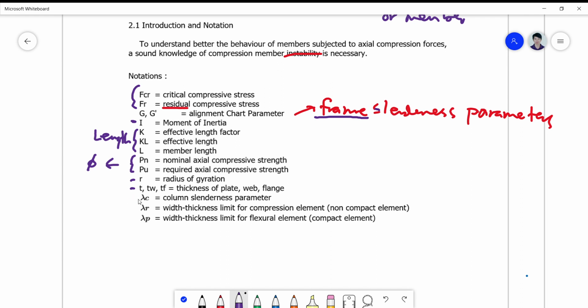And lambda c, lambda r, and lambda p are also properties that we compute to determine the limiting width-to-thickness ratios. Okay, again, this has something to do with local stability or local buckling, and of course also global, because we have here the lambda c factor.